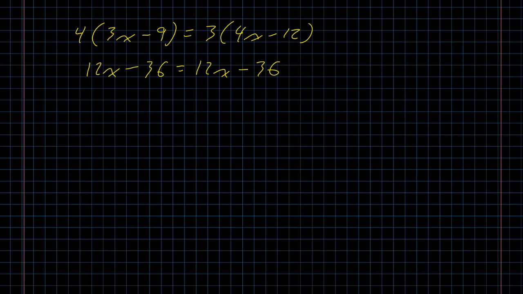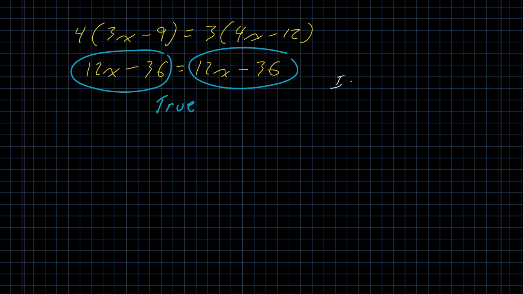And here we have the exact same thing on the left-hand side and the right-hand side of the equation. The reflexive property of equality tells us that this equation must be true. Right. This equation is an identity.